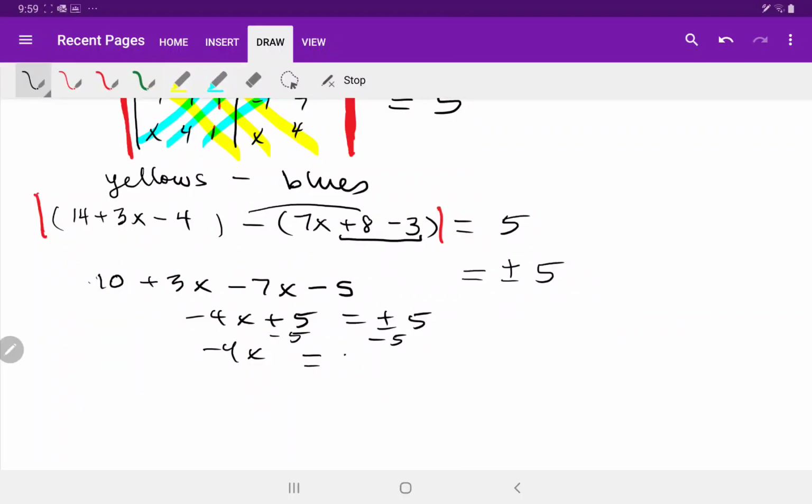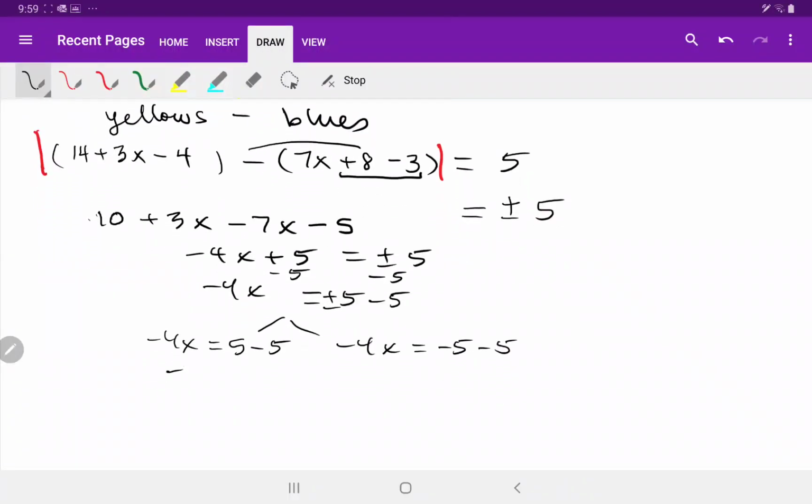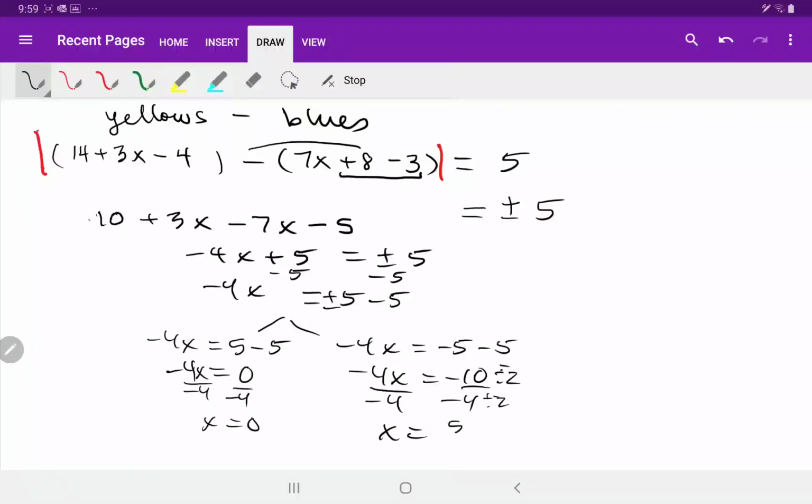I'm going to split it into 2. -4x equals 5 minus 5, and -4x equals -5, -5. So -4x equals 0, that's just a coincidence. x equals 0. And this is -4x equals -10. Divide, x equals, reduce the fraction, divide by -2, and that would be 5/2.